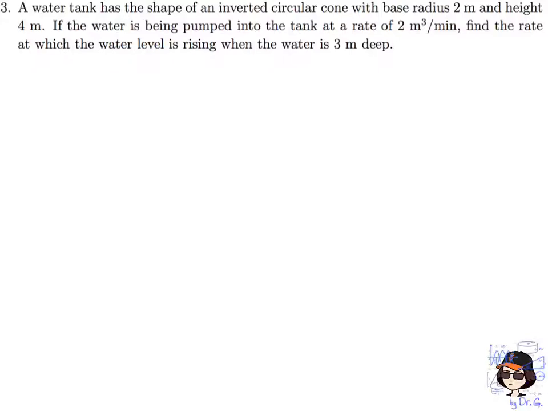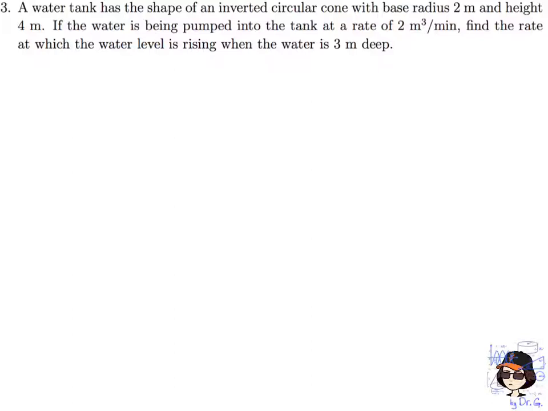But the height of the water inside the tank is increasing. And we don't know if it's increasing at a constant rate. But we're asked to find the rate at which it's rising at a particular instant, at a particular moment, at the moment when the water is 3 meters deep. So when the height is exactly 3 meters.